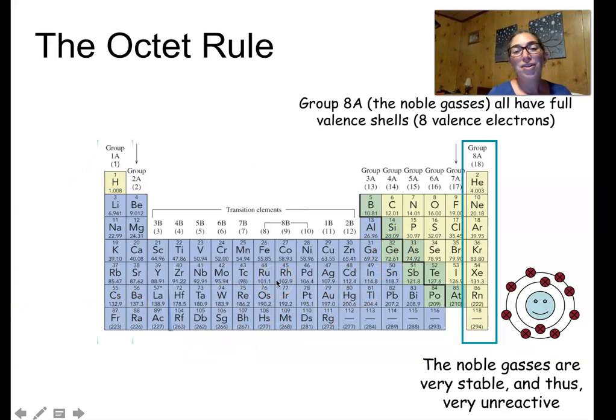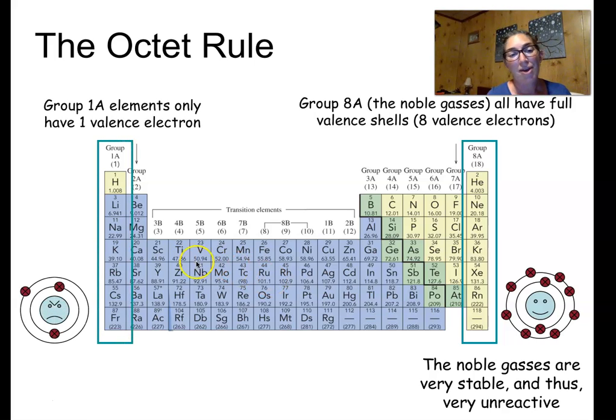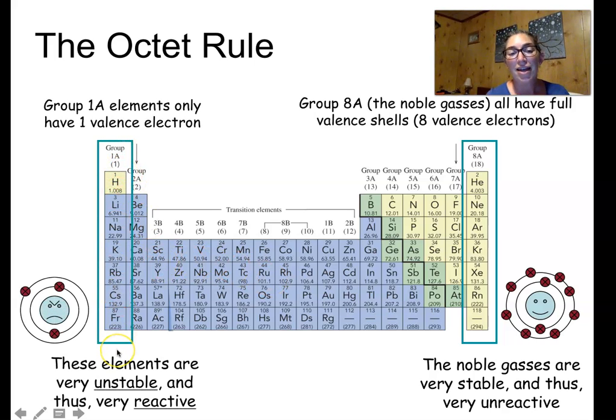All right, we go to the other end of the periodic table though, group 1, and these guys only have 1 valence electron, and they really want to have a full valence shell, and so they're pretty unhappy. In fact, everyone else on this periodic table is pretty unhappy, and basically their life goal is to fill their valence shell so that they can be full and happy and complete like the noble gases.